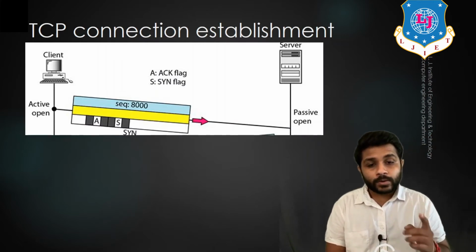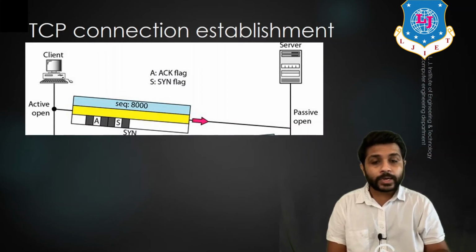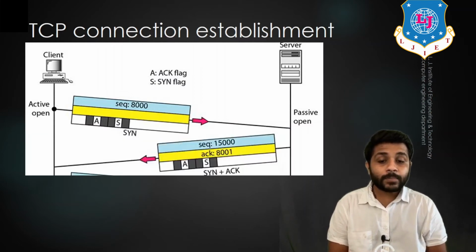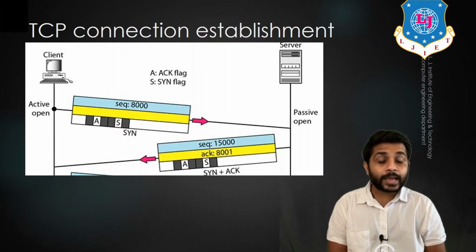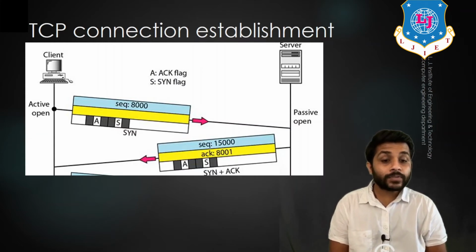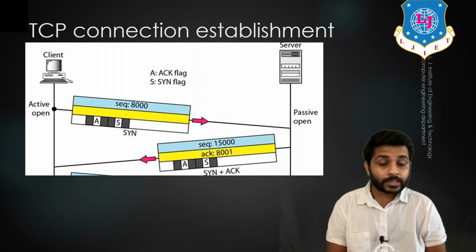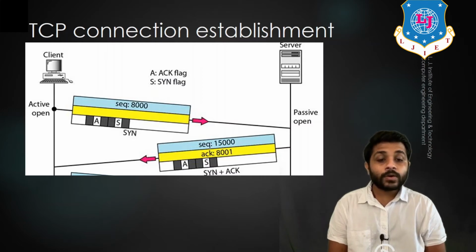So when the server receives that packet, it will reply with SYN plus ACK. You can see that in that SYN plus ACK packet there are several fields too. There is a sequence number which is 15,000, and an acknowledgement which is 8001. The acknowledgement is always plus one from what the server has received.